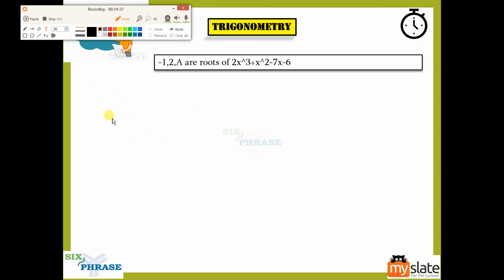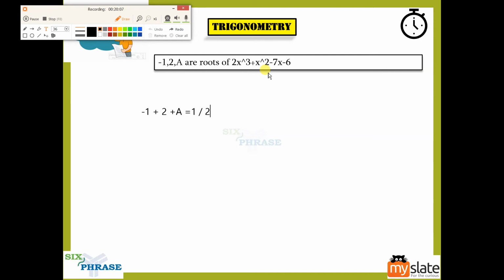So we'll just do one more so that you get good with this. Minus 1, 2, a are the roots of 2x cube plus x squared minus 7x minus 6, right? So again, you do the same thing. You have to find the value of a. So minus 1 plus 2 plus a is equal to minus b by a. b is 1, a is 2, so it is minus half.